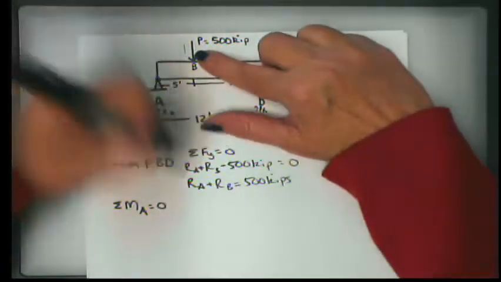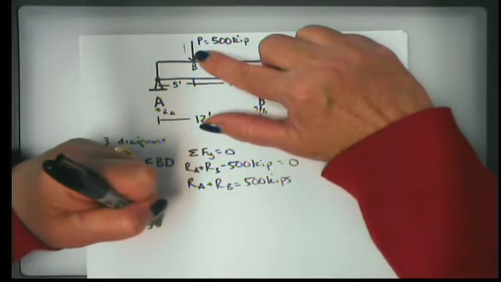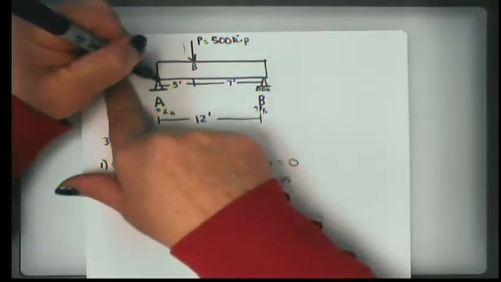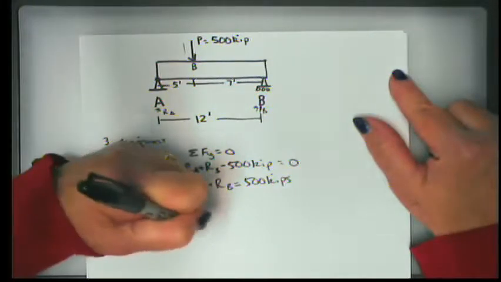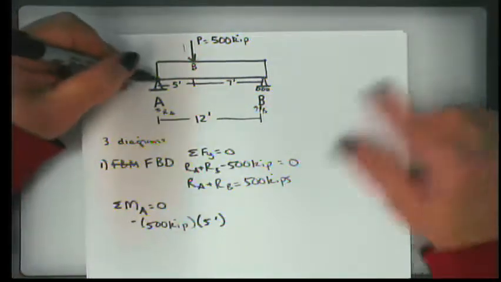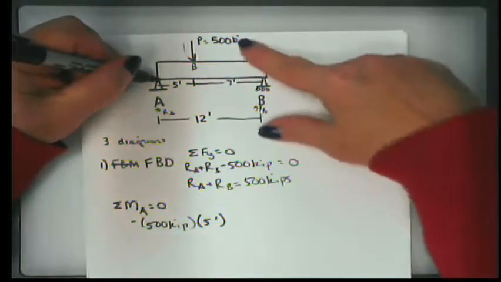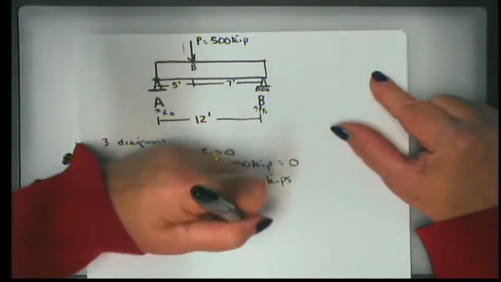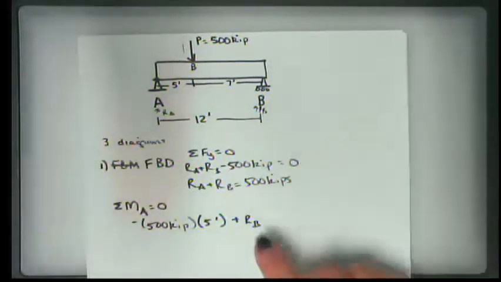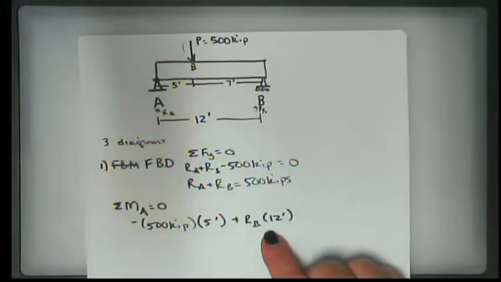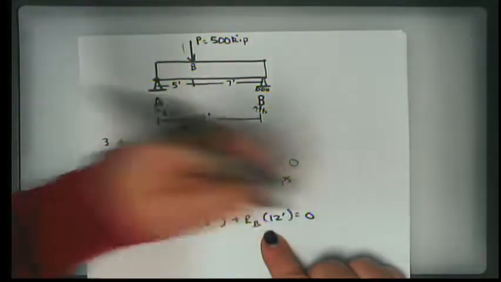This 500 kip force produces a clockwise moment about A, so it's negative, and the moment arm is 5 feet. The reaction at B pushes up, so that produces a positive, or counterclockwise, moment with the 12 feet. And those two moments together equal 0.